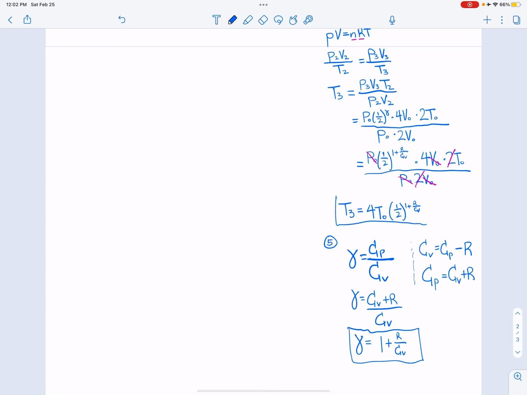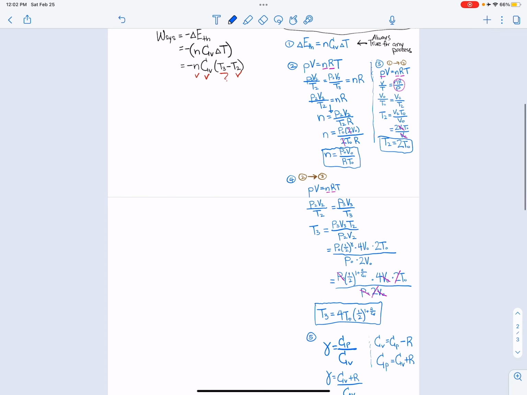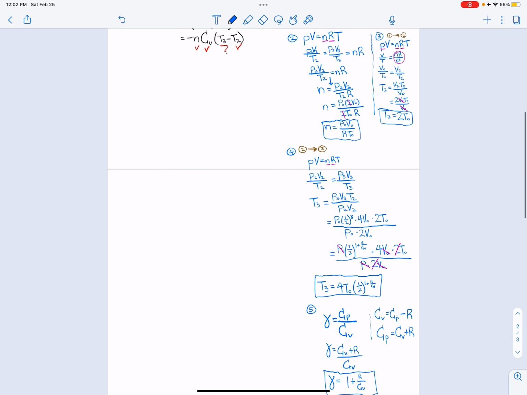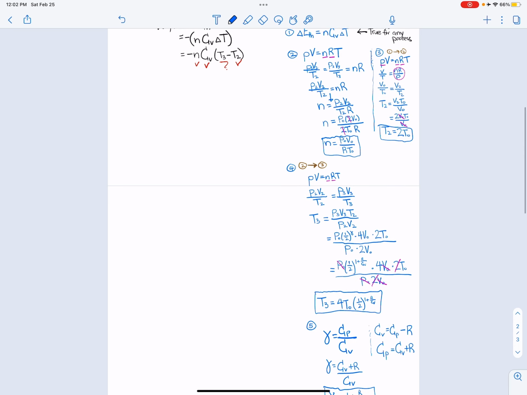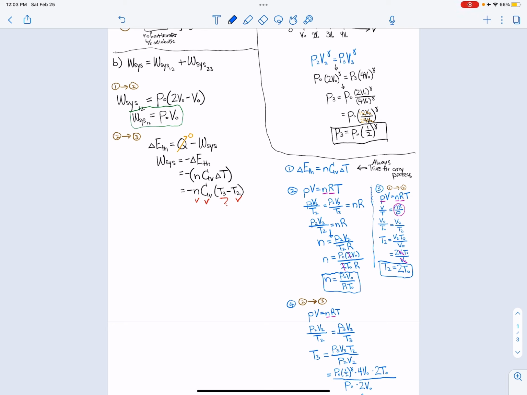And then I find T3 in terms of our given values T naught and Cv and the gas constant R. So we've finished side quest number 4. And we actually had to go to side quest number 5 to go back to side quest number 4. Anyways, going back to part B, now we know T3.